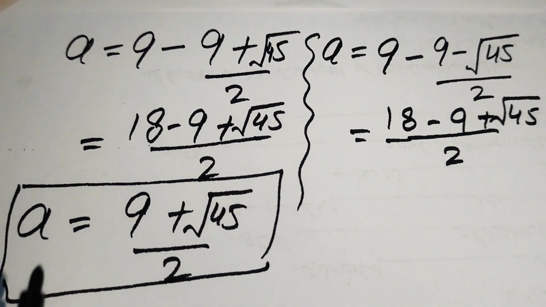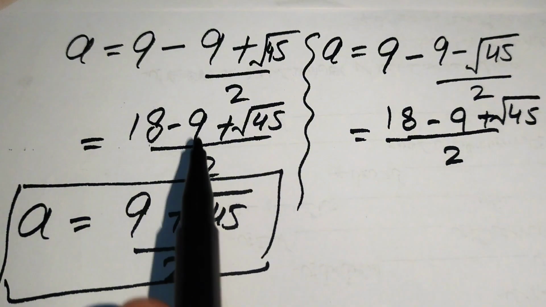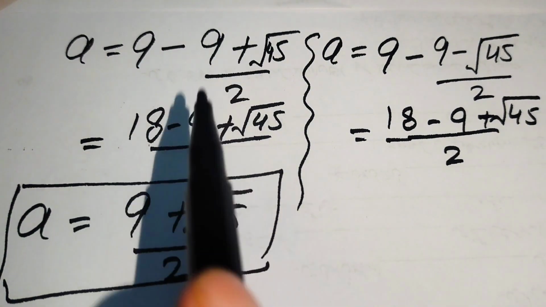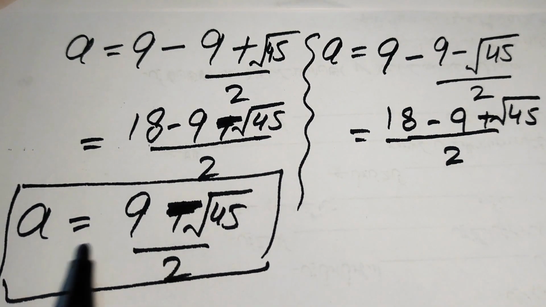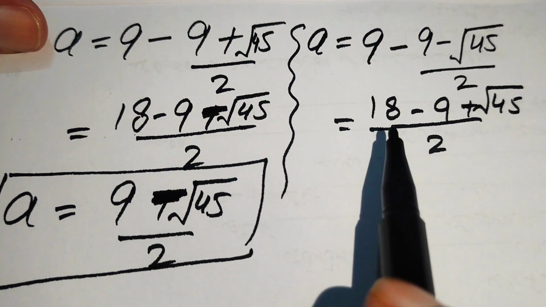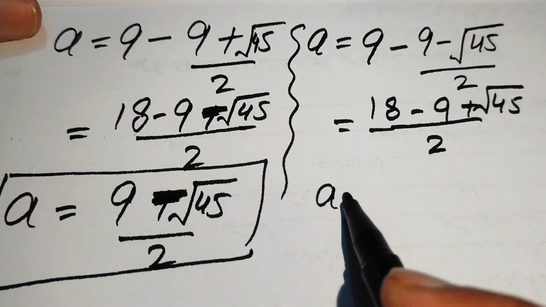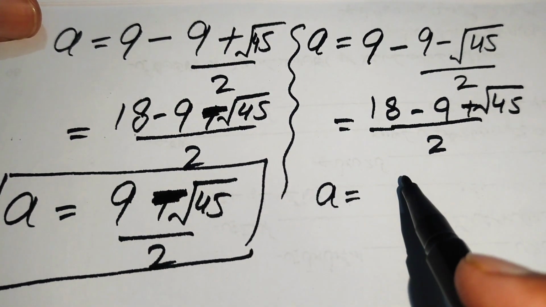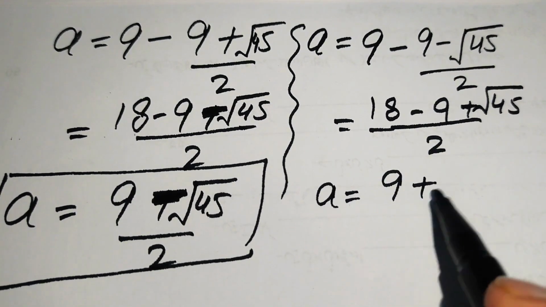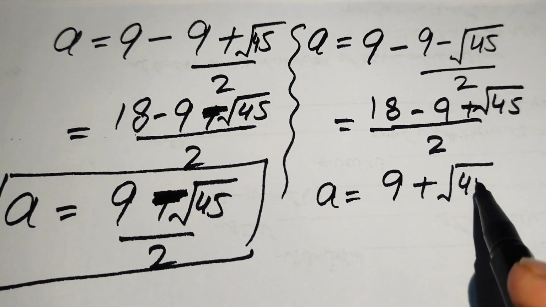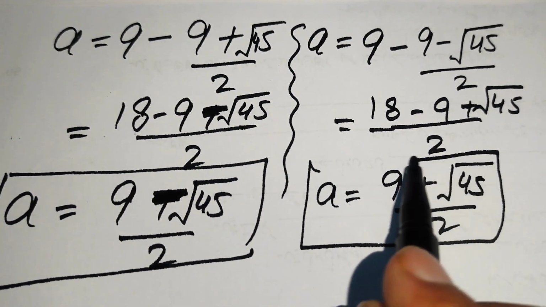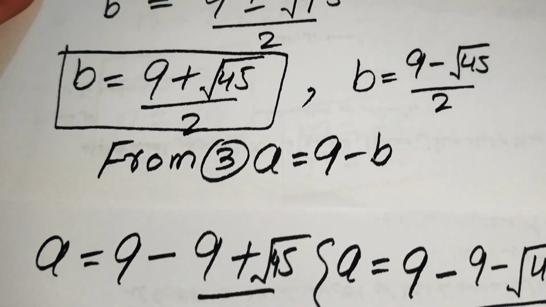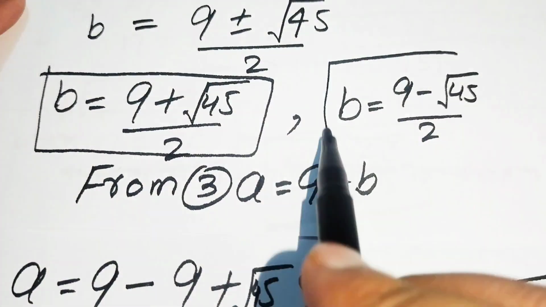Sorry, we have a little mistake here. So the value of a is 18 minus 9, which is 9 plus square root of 45 divided by 2. This is the value of a when b is this one.